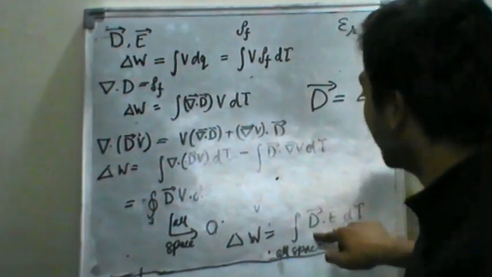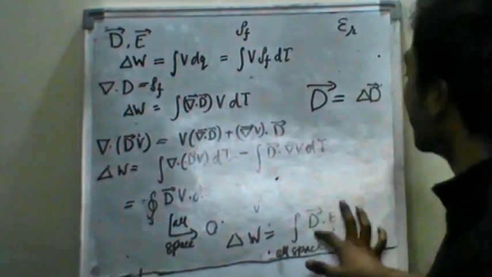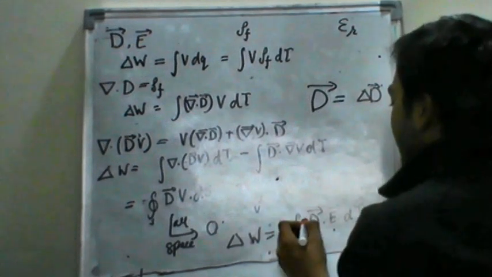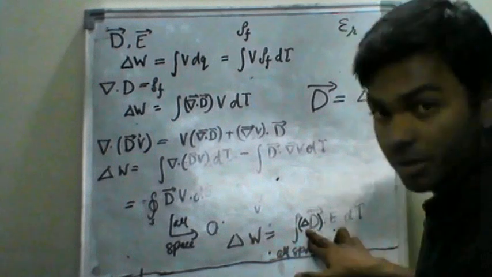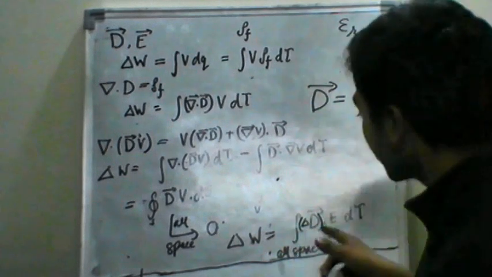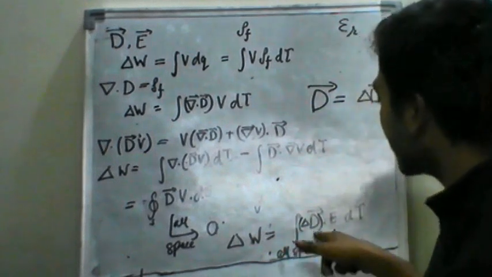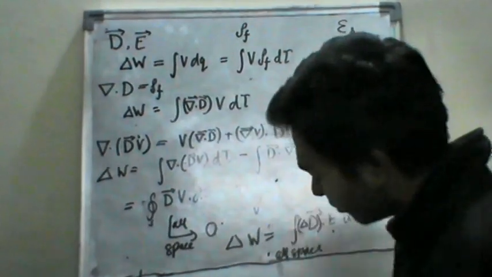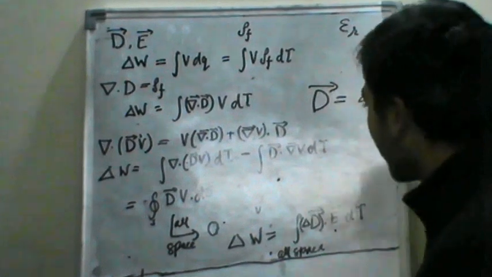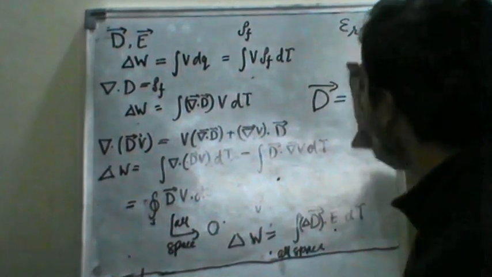So this equation should actually have a delta D dot E d tau. Sorry for that mistake, I missed that. Right. So let us try and proceed from here.